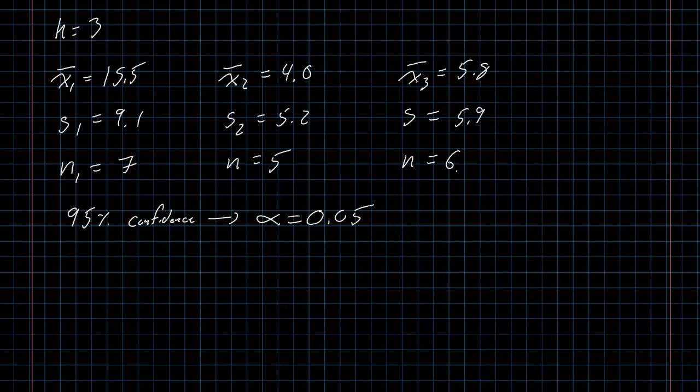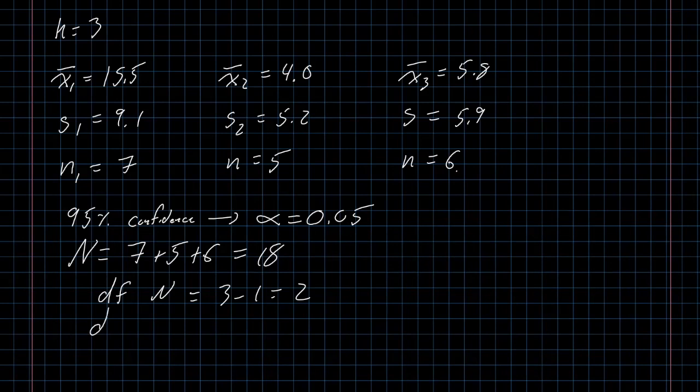I also need to know big N in order to do work on this. 7 plus 5 plus 6, which is 18. And from that, I can calculate that df for the numerator is 3 minus 1, which is 2. And df for the denominator is 18 minus 3, which is 15.